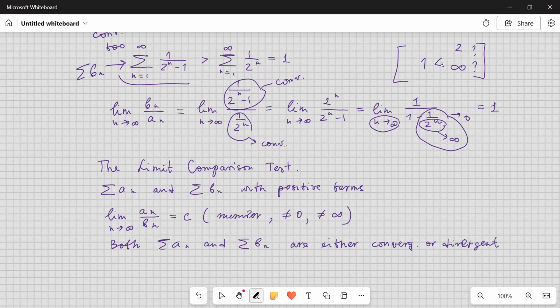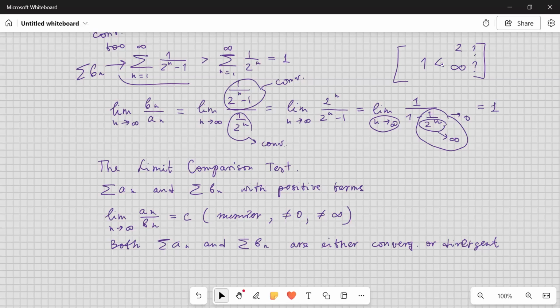It means that if one of them is divergent, the other is going to be divergent, since they are parallel; or if one is convergent, the other one is going to be convergent. It's not important which one you put in the numerator and which in the denominator, because if there is a number 2, for example, then if you switch them, you're going to get 1 over 2, which is still a number.